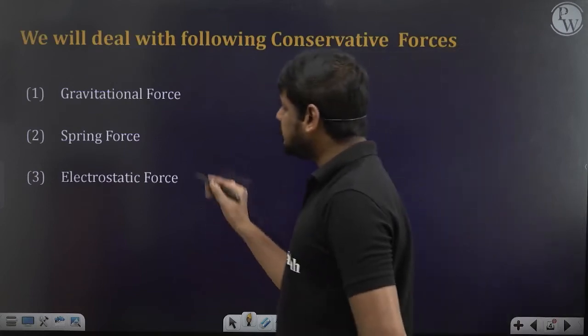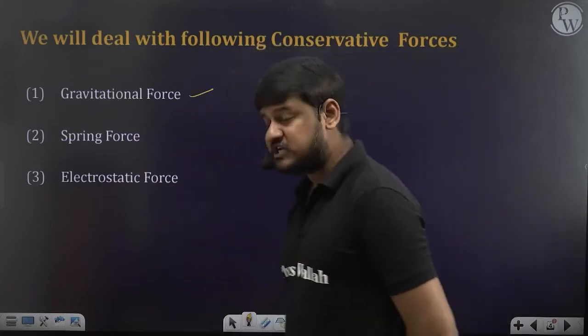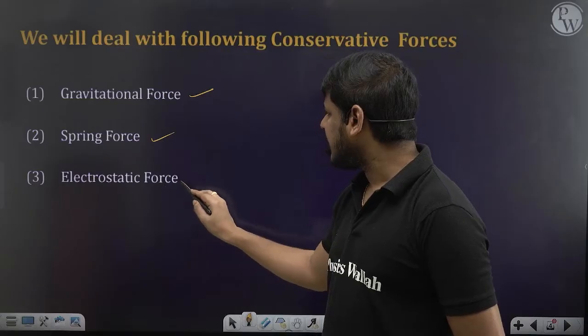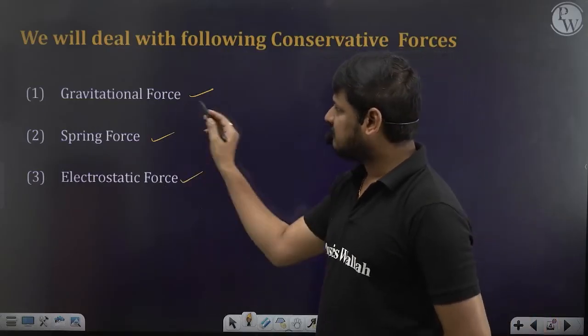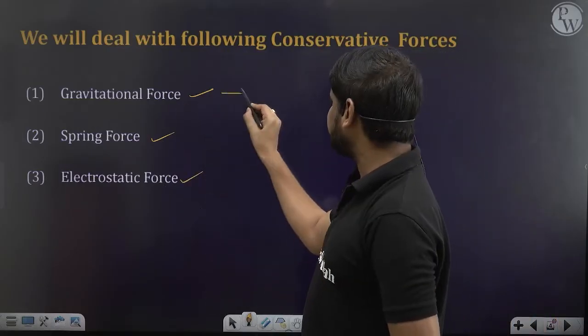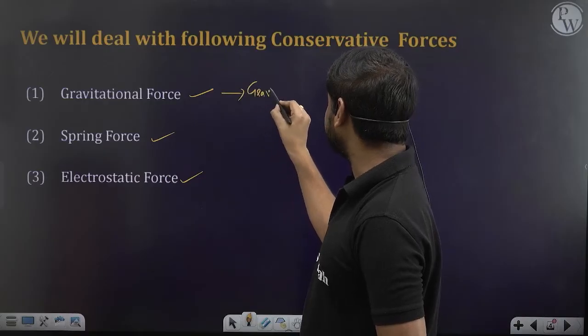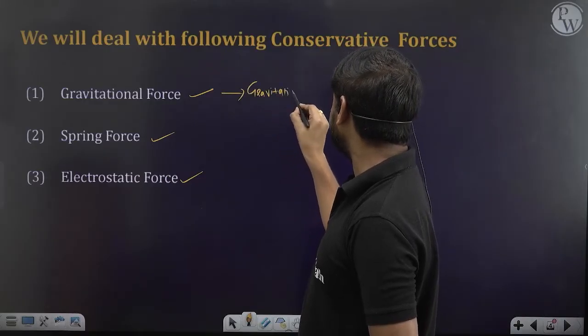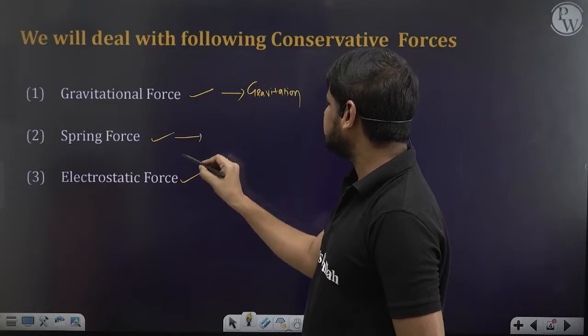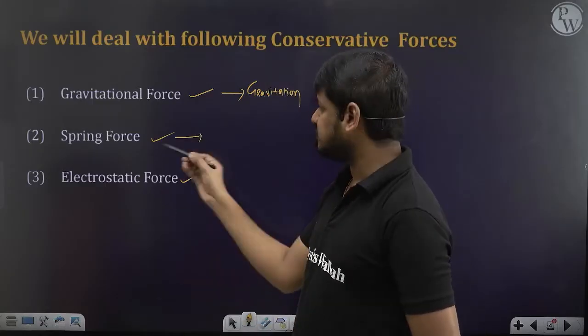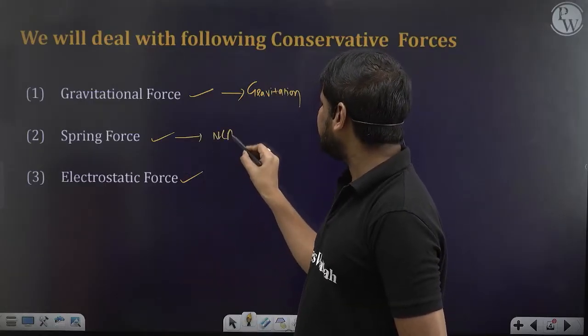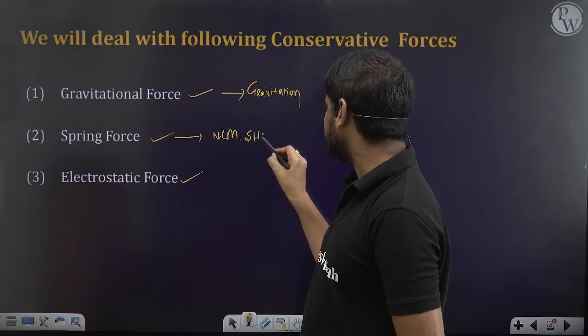In our syllabus we deal with the gravitational force, spring force and electrostatic force. The gravitational force will come in the chapter gravitation, which we are going to start after 2 chapters. The spring force we already discussed in NLM, and we'll discuss it again in SHM, simple harmonic motion.